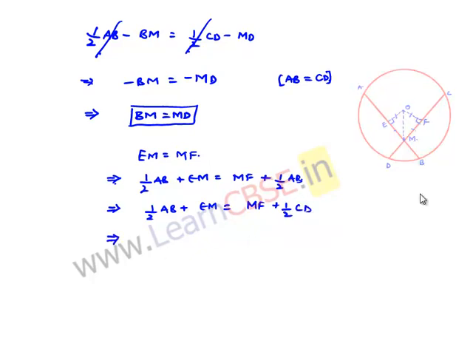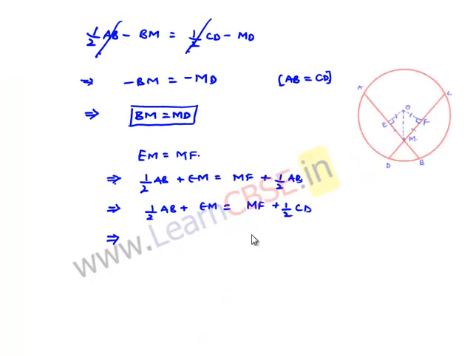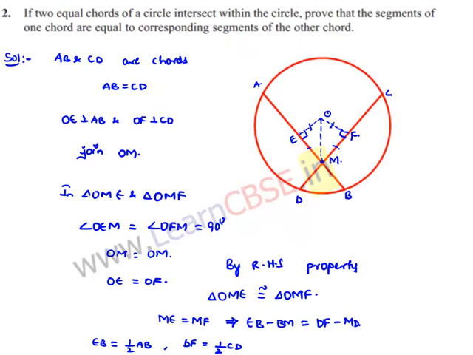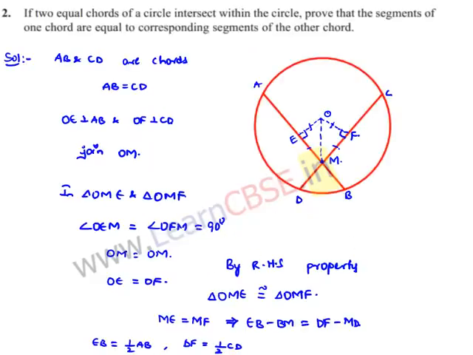That implies, instead of half AB, we can write AE, since AE is equal to half AB, plus EM is equal to MF plus half CD, which can be written as FC. Therefore, now again from the figure we get AE plus EM is equal to AM and MF plus FC is CM.